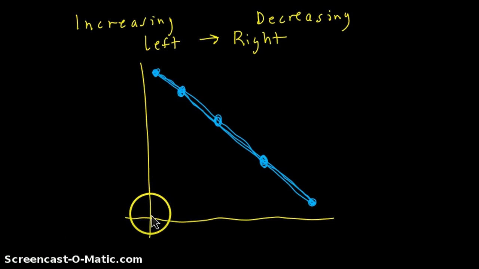As we move from left to right here, the graph actually is going downward. That's called decreasing.